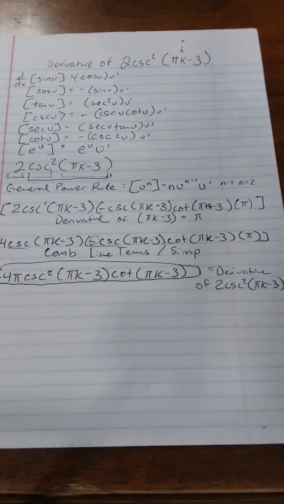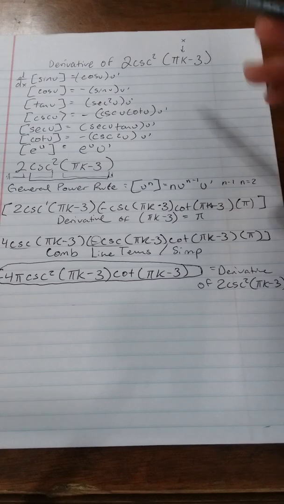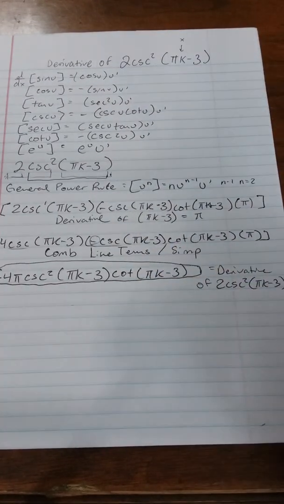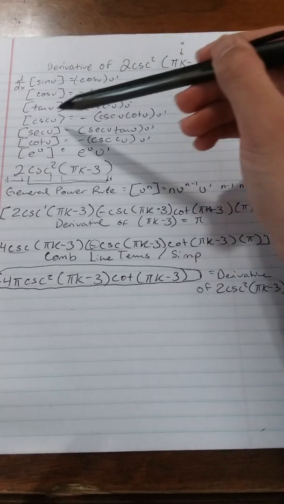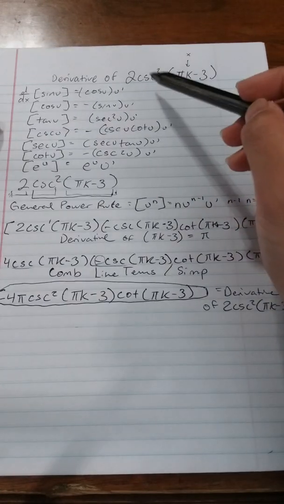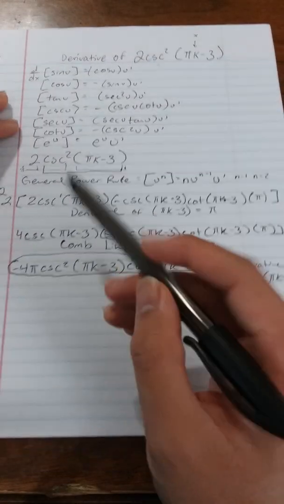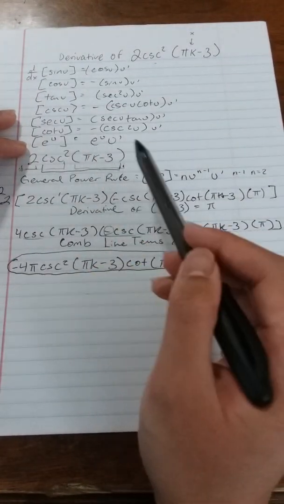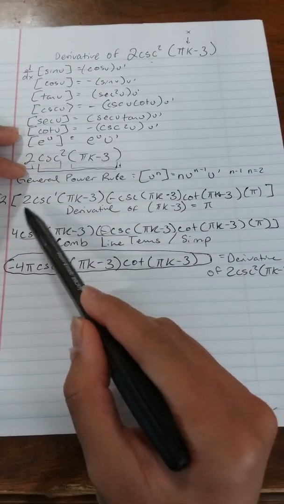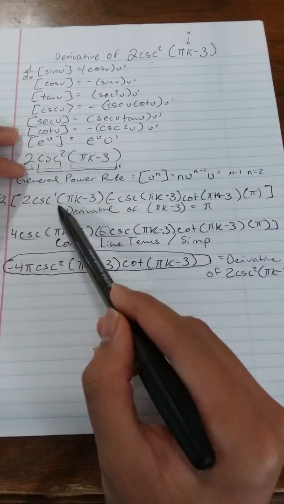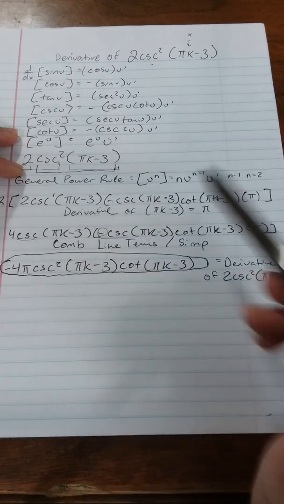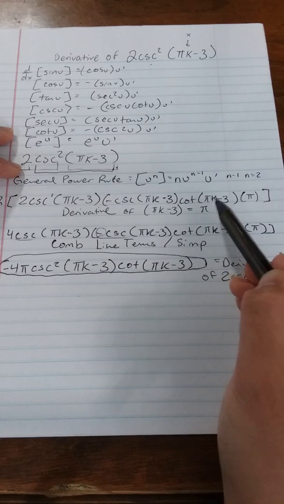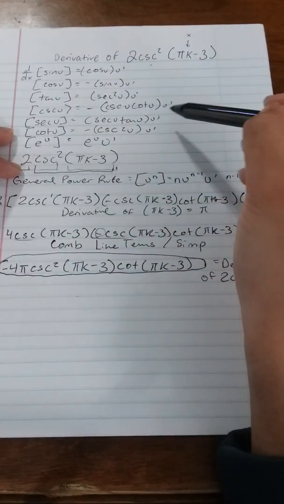So in review, we looked at the transcendental functions with the chain rule. We specifically needed the csc u one from up here because we're doing a function with csc. Then we used the general power rule and applied it to the csc squared (πk - 3). We brought down the exponent, and n minus 1 becomes the new exponent at that part. Now we take the u prime, which is negative csc (πk - 3) cot (πk - 3) from here.